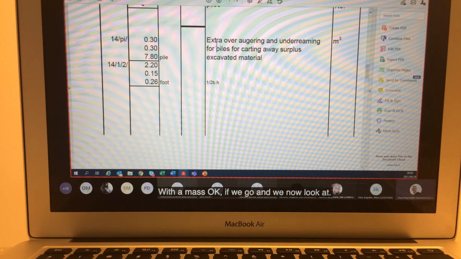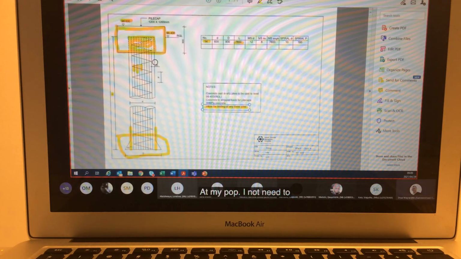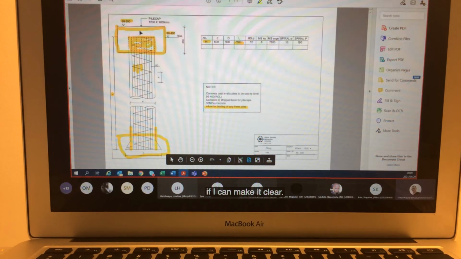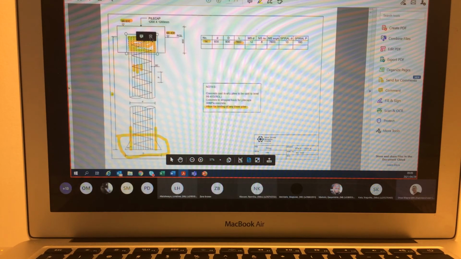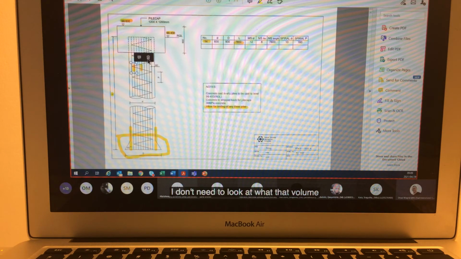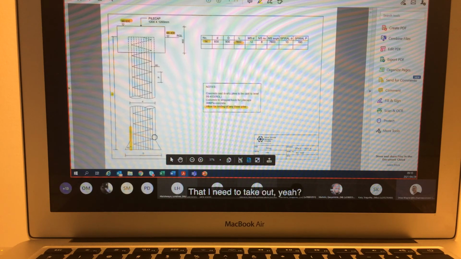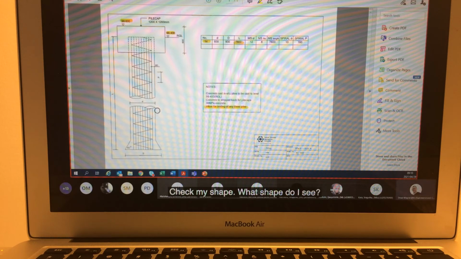Okay, if we now look at my pile, if I can make it clear, I now need to look at what the volume of that material is that I need to take out here. If I have a look at my shape, what shape do I see?